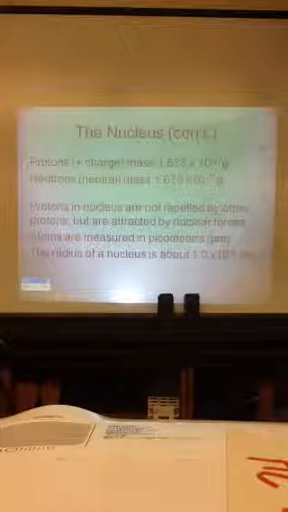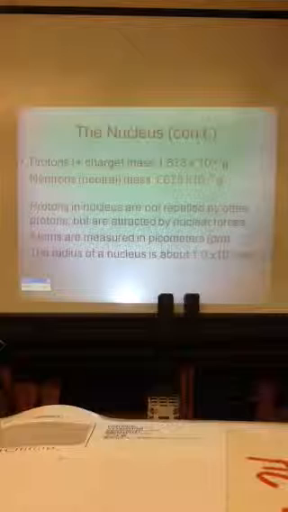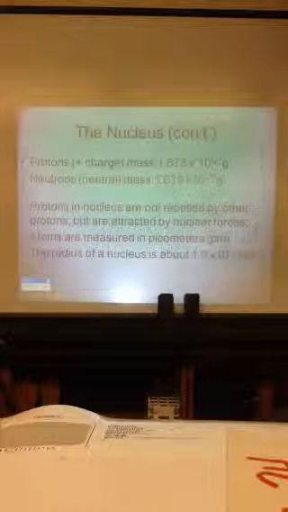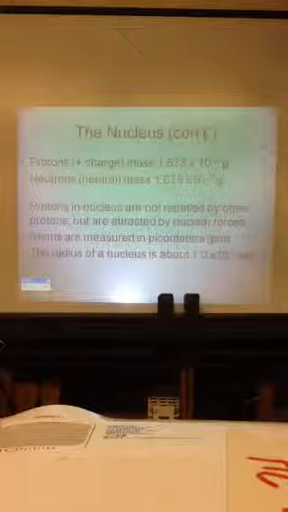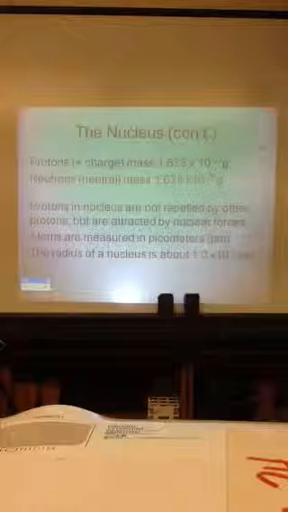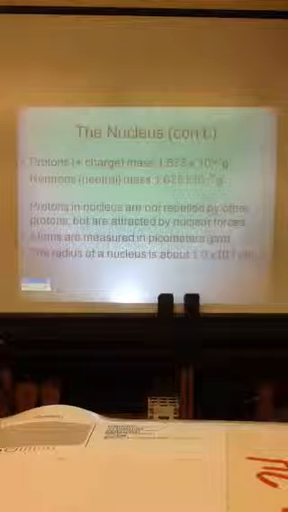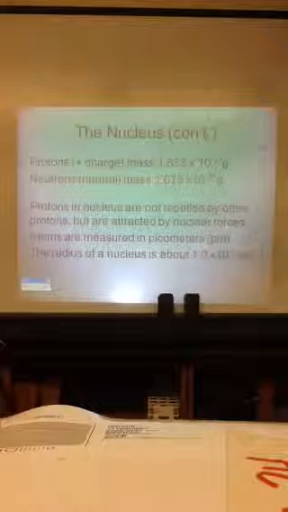So they're pretty much the same mass. What we do is we level that off and we say they're even. So we say that they actually have the same mass. They don't quite, but we approximate.